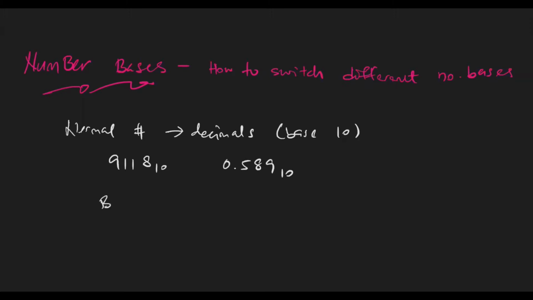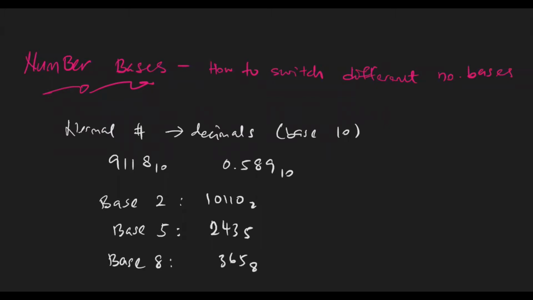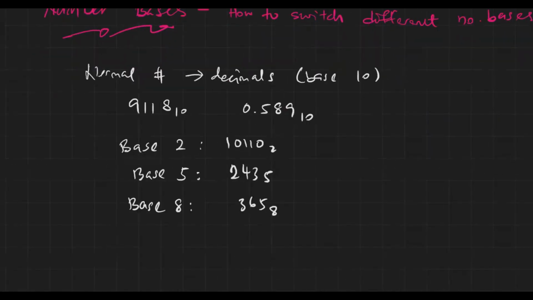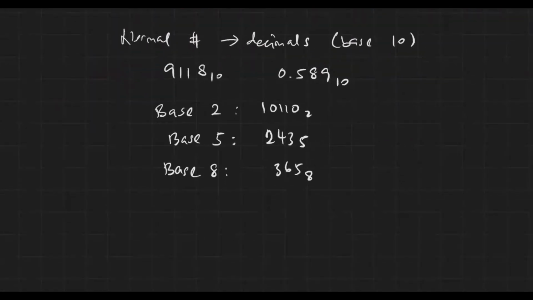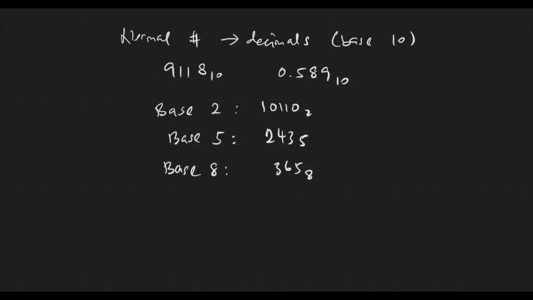Unless we want to specifically deal with other number bases, such as base 2, which will probably appear like that, base 5, which would probably appear like this, and even base 10, which will probably appear like that. So the small subscript will show you what base the number is in.